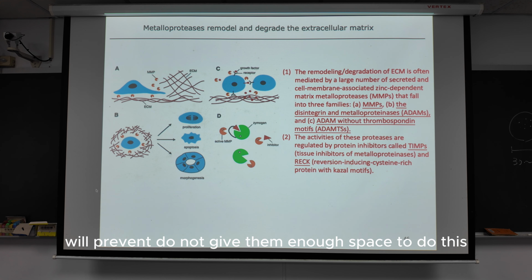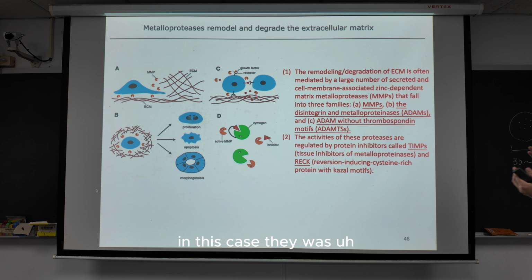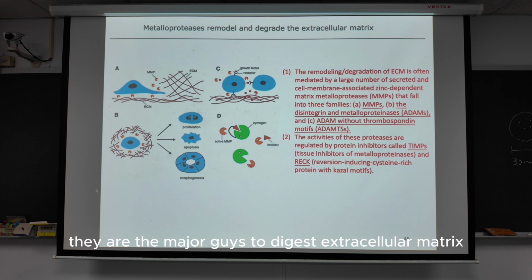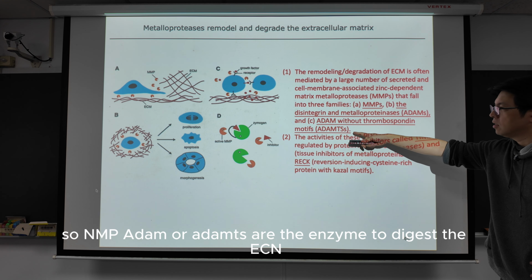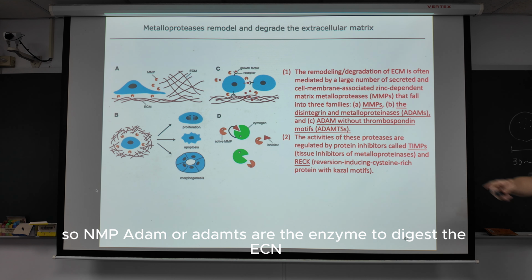So in this case, they produce several enzymes like MMPs, matrix metalloproteases. These enzymes can digest protein. They are the major enzymes to digest extracellular matrix, so MMPs digest the matrix around them and generate more space. MMPs, ADAMs, or ADAMTS are the enzymes to digest the ECM.